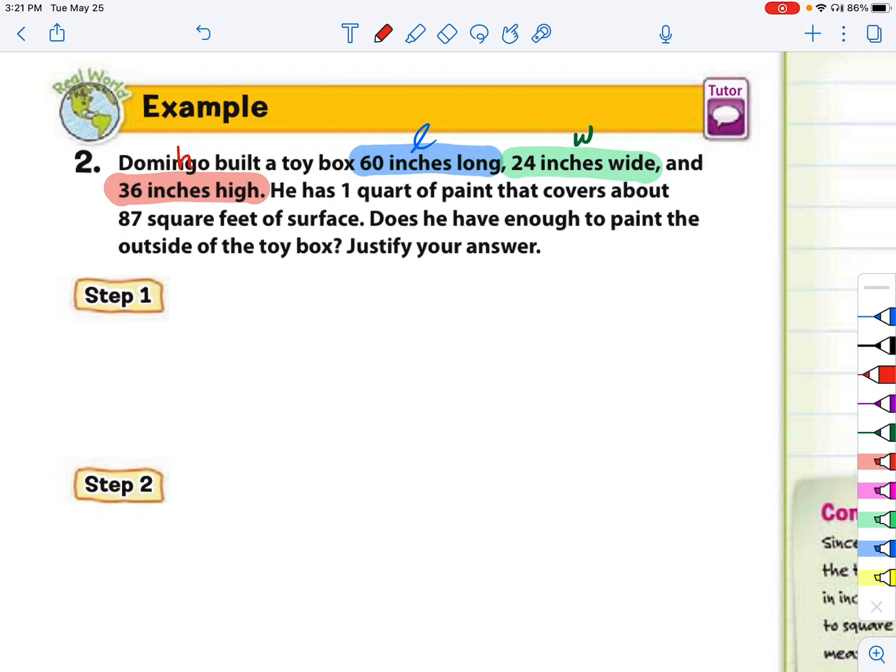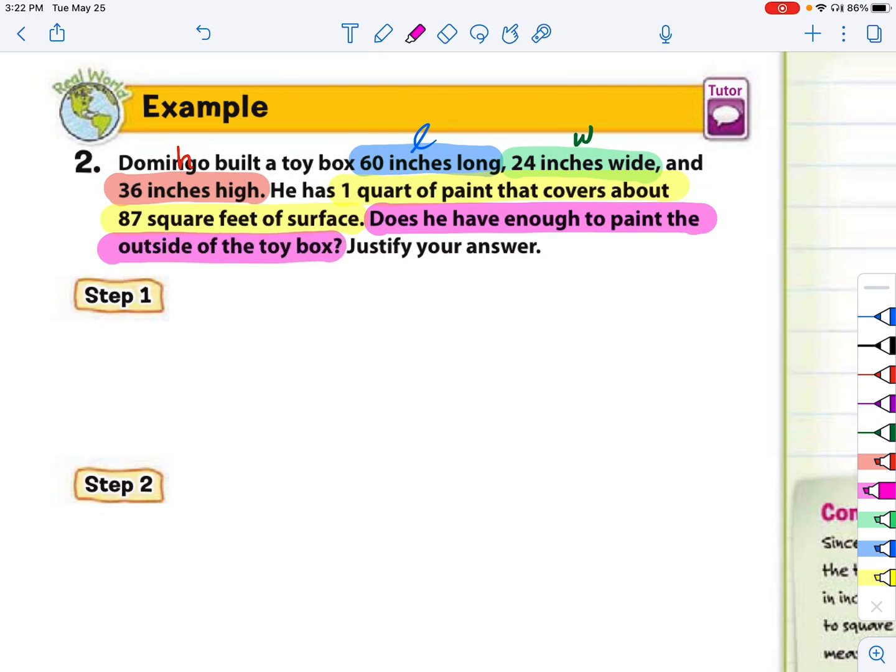What else do we know? We know that he has 1/4 of paint that covers about 87 square feet of surface. So it's asking now, does he have enough paint to paint the outside of the toy box? And let's justify our answer.